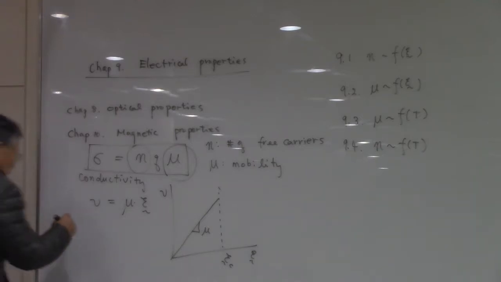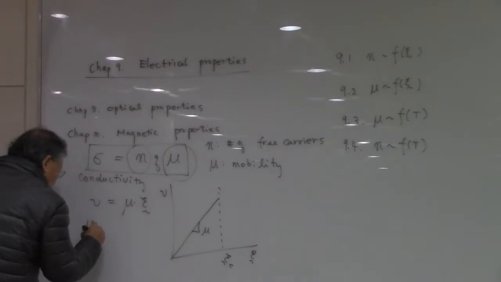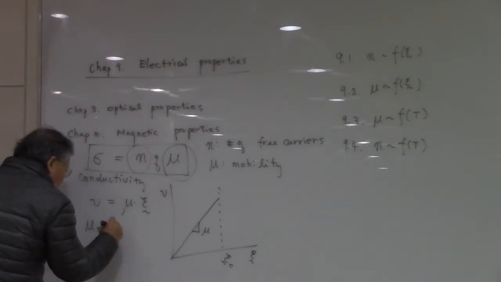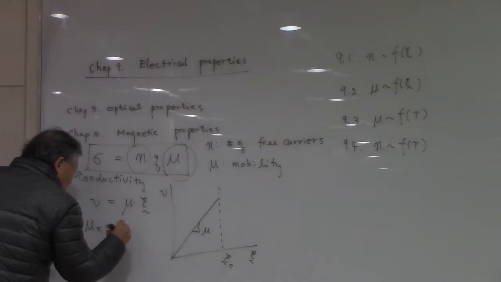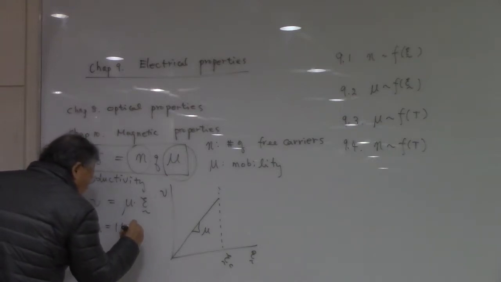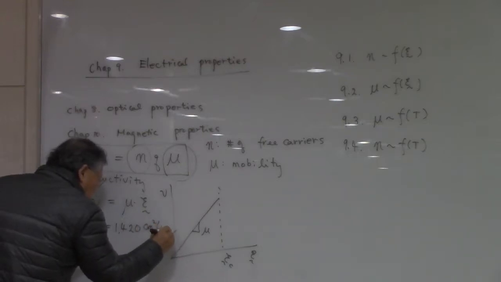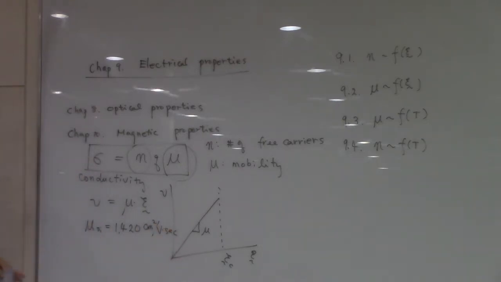For instance, the mobility of electron in silicon is 1,420 centimeters square per volt-sec. That has been determined, okay? And of course, the velocity of the electron changes depending on the electric field applied to the material.